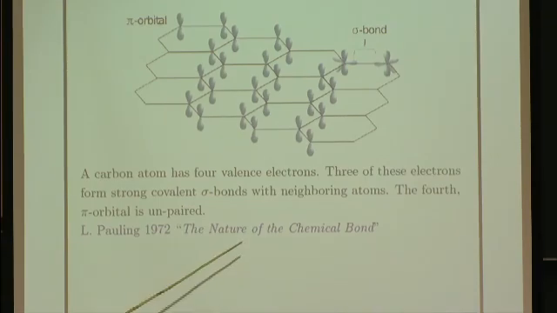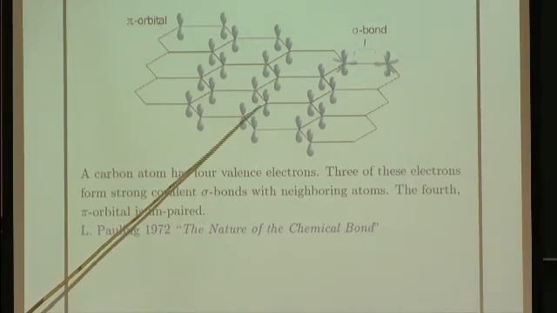The 4th valence electron is not used in this bonding and is more or less free to move around and becomes the electron that's active in the electronic properties of the material and the one that's of interest to us here. And things could be a lot more complicated than they turned out to be.